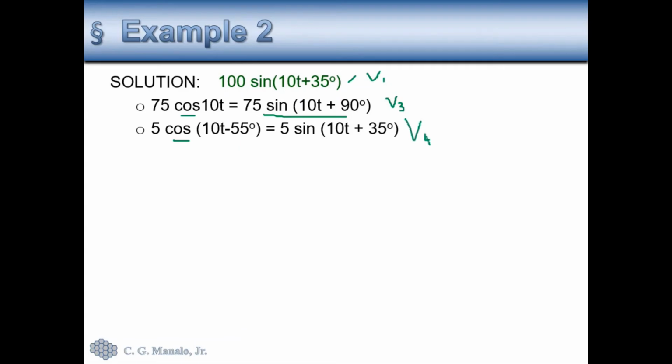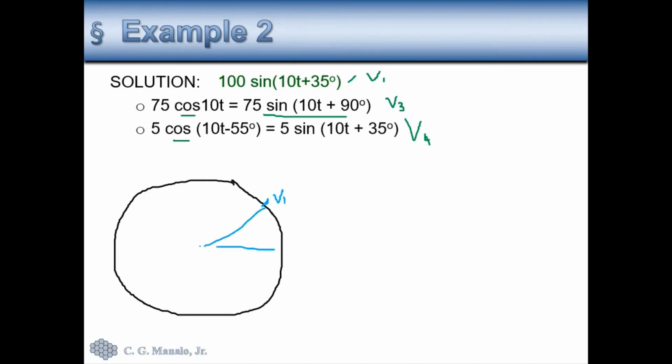Okay, so let's say this is our circle. Again, let's plot v sub 1. So it's here, v sub 1, and this is 35 degrees.